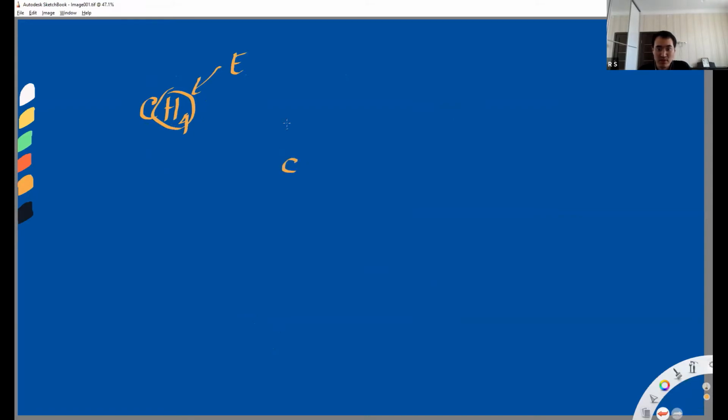If you remember, methane looks like this. So let's say that this bond was attacked by energy, and it actually made this hydrogen split from the molecule. So now we have CH3 and one unpaired electron here.